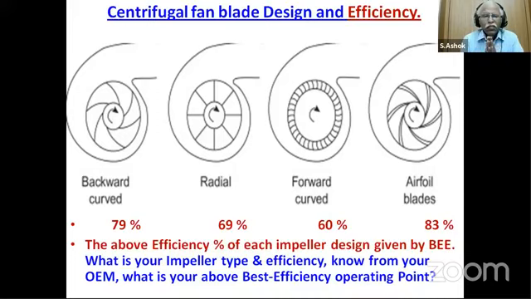So what is the impeller type and efficiency from the OEM that has been supplied to the existing AC installation, and what is the best efficiency or the operating point that is to be given to us when you are commissioning or running the system?